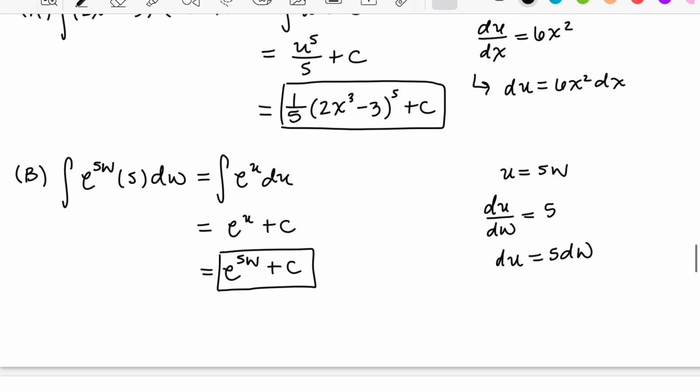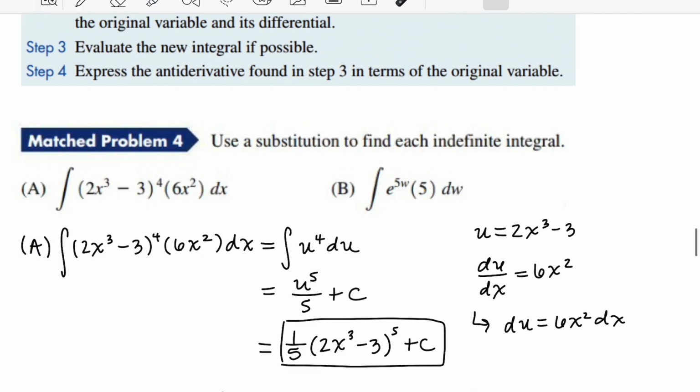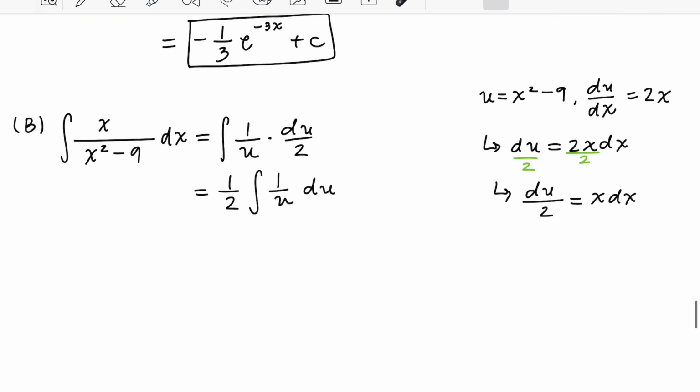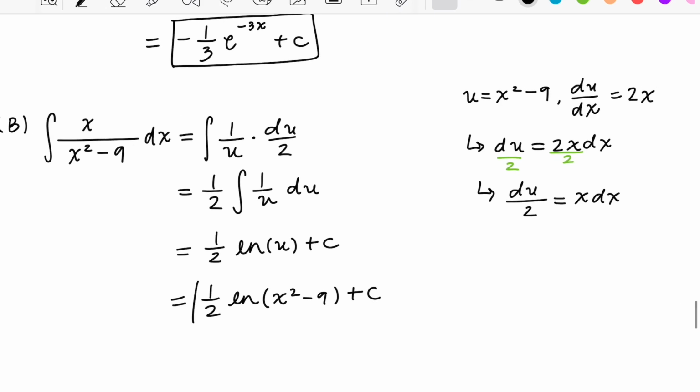And then looking at, I believe, this property up here, we see that the integral of this guy is going to be equal to ln of the absolute value of u plus some constant c. And then plugging u back in, we'll get 1/2 ln of the absolute value of x squared minus 9 plus c.